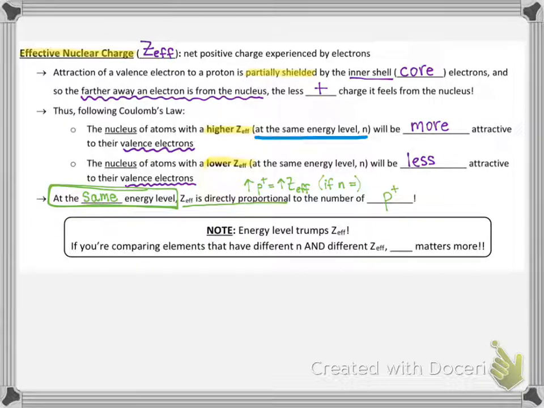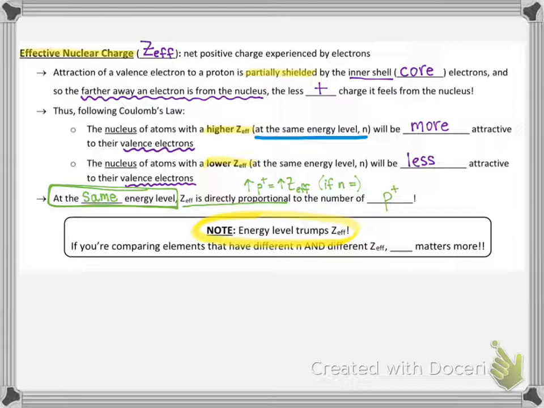So many times in answers, you are not necessarily referring to the effective nuclear charge so much as just the nuclear charge. You just talk about number of protons and you will totally be okay as long as you are at the same energy level. It is very, very important to realize that the energy level is more important as far as determining the trend than the effective nuclear charge.